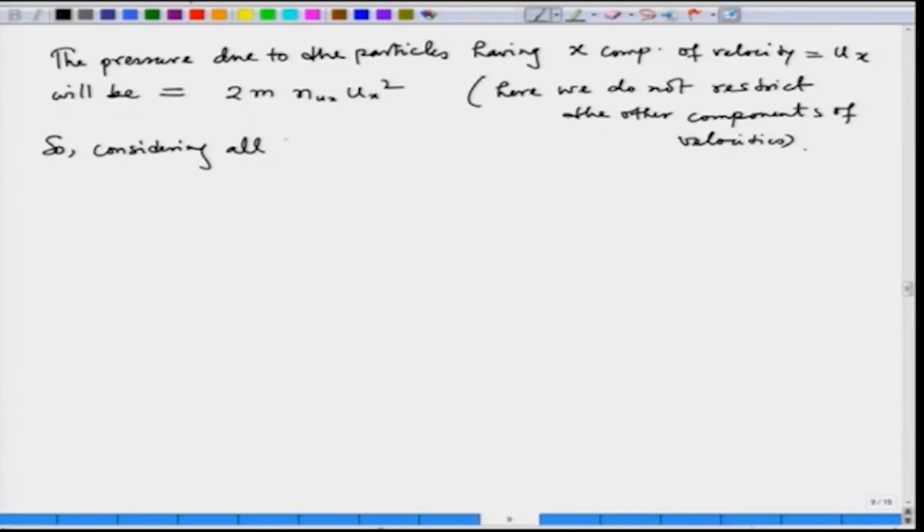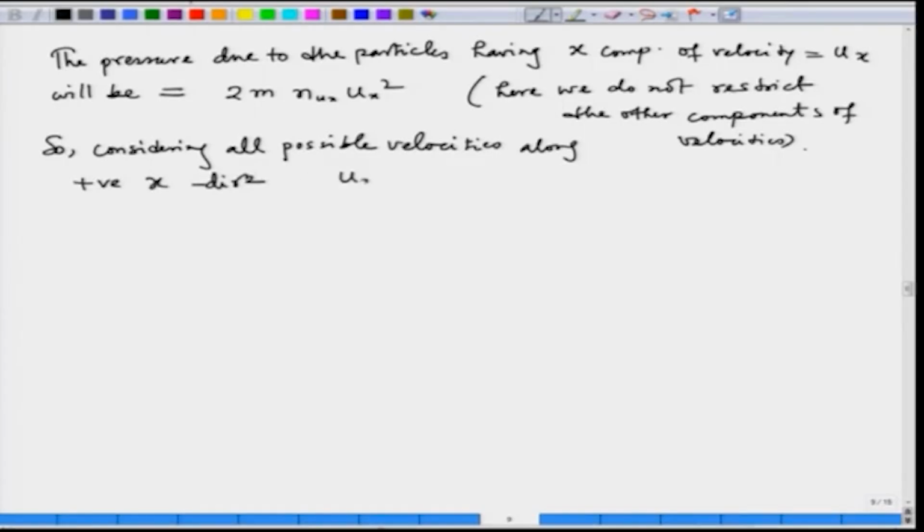So, considering all possible velocities along the positive x direction, and what is that all possible velocities?